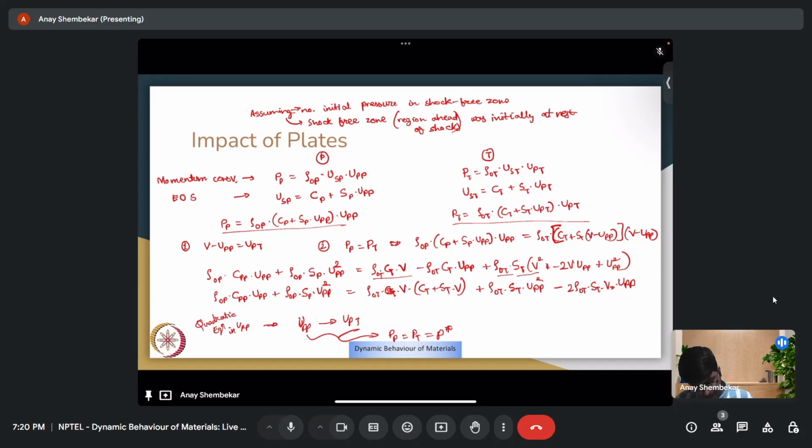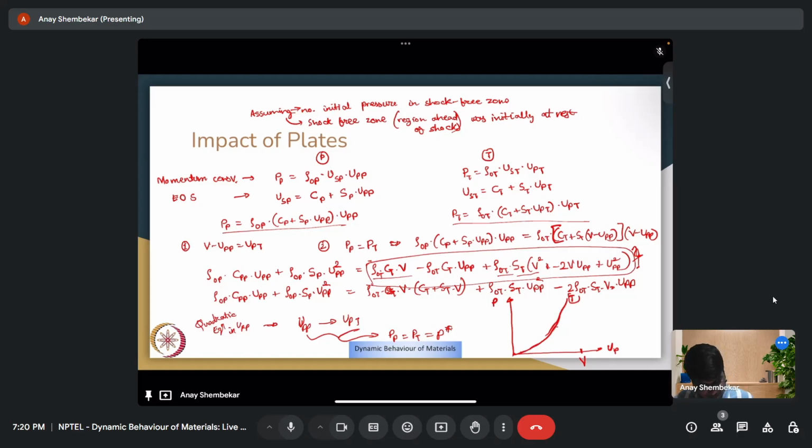There is also a graphical way to do this. If I plot the pressure versus particle velocity plot, I just plot the right hand side equation. I'll label the point as V. The target pressure will go something like this.